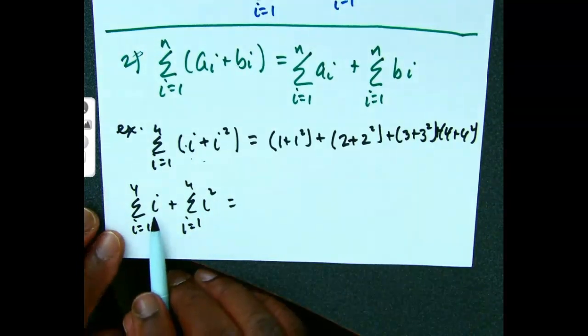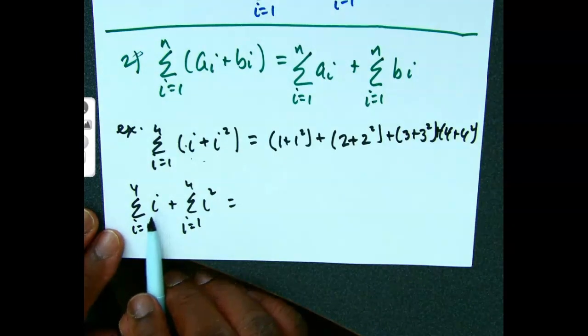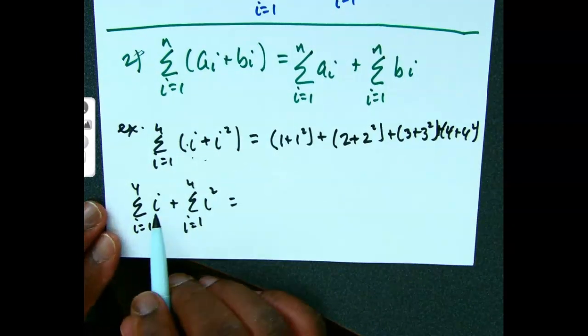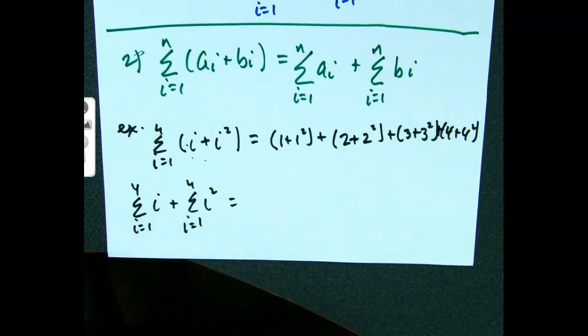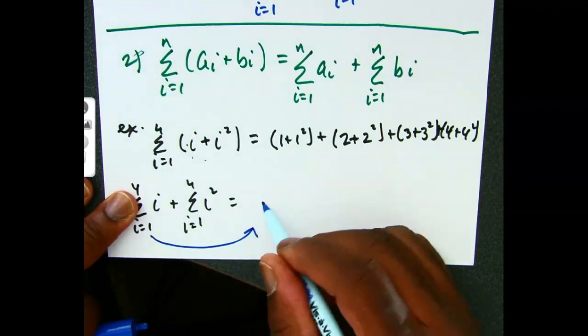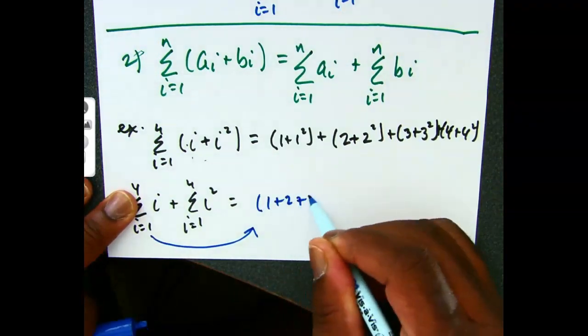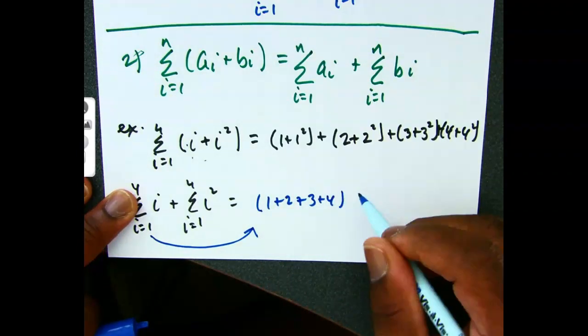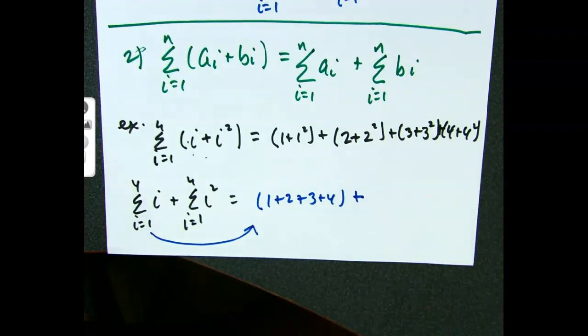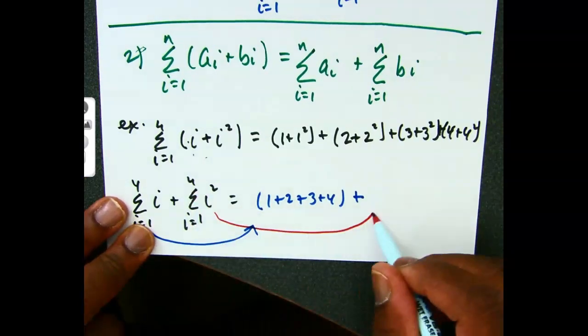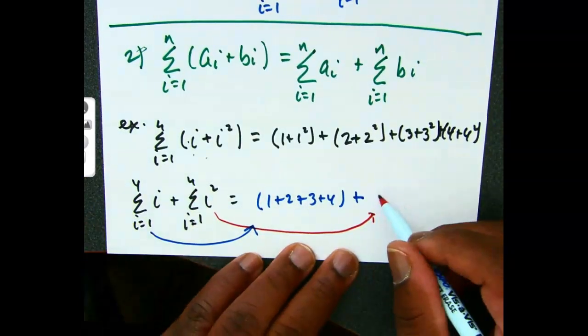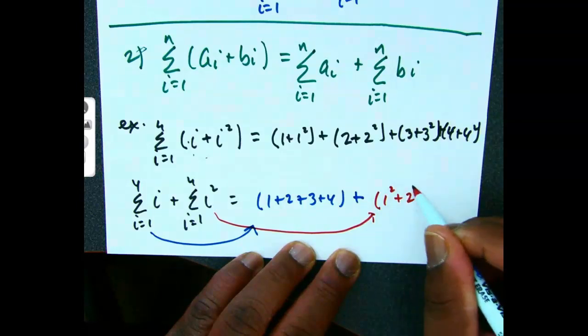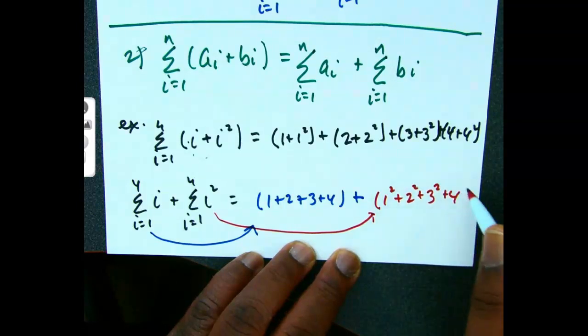Okay, so for the first one, the summation from i equals 1 to 4 of i, we're going to get 1 plus 2 plus 3 plus 4, plus, now the summation i equals 1 to 4 of i squared, that's going to yield 1 squared plus 2 squared plus 3 squared plus 4 squared.